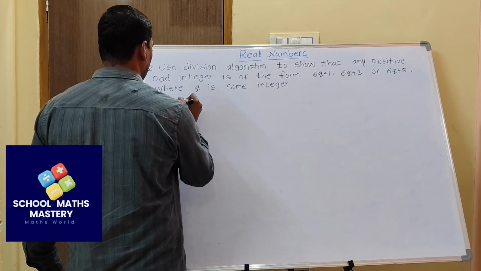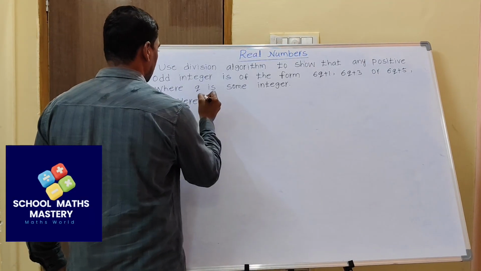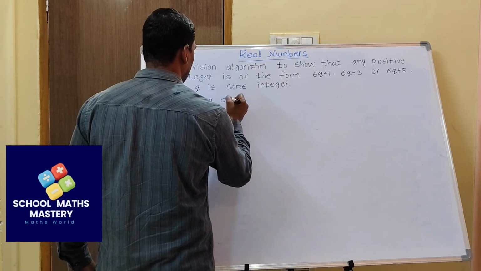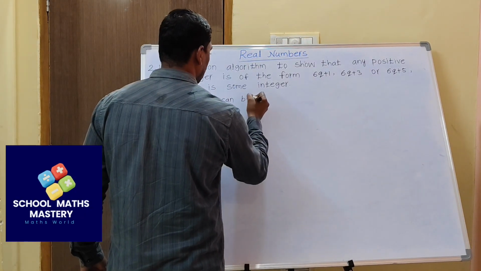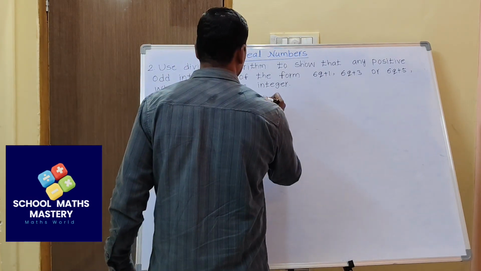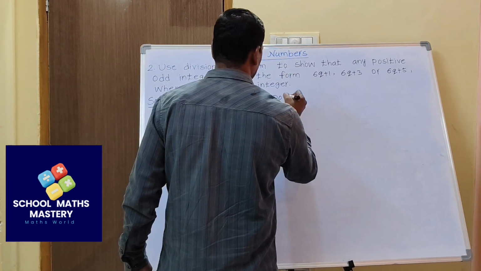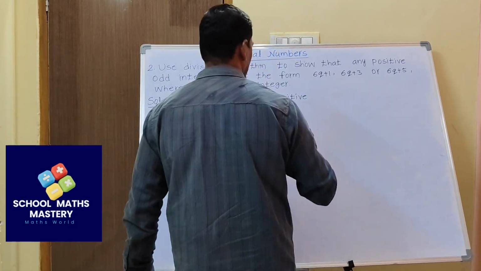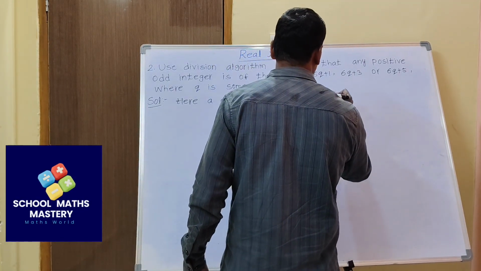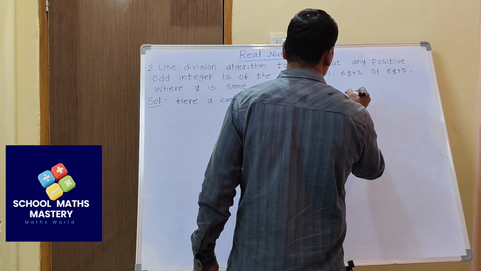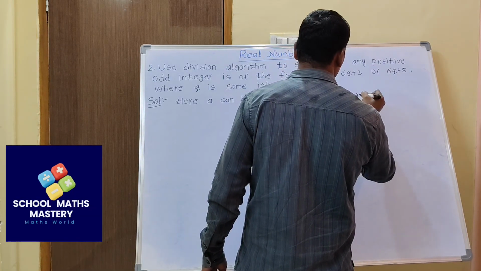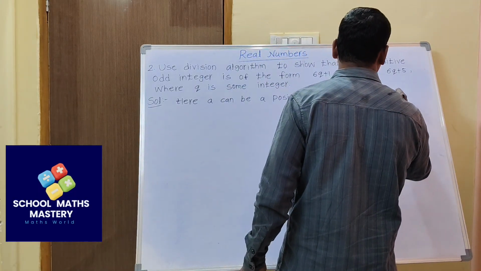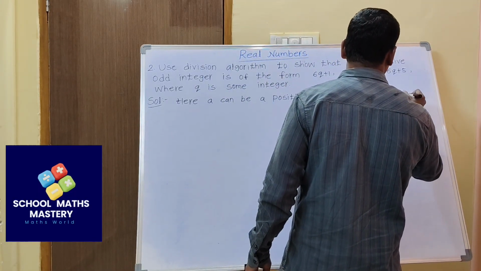Solution. Here a can be a positive odd integer and b equal.